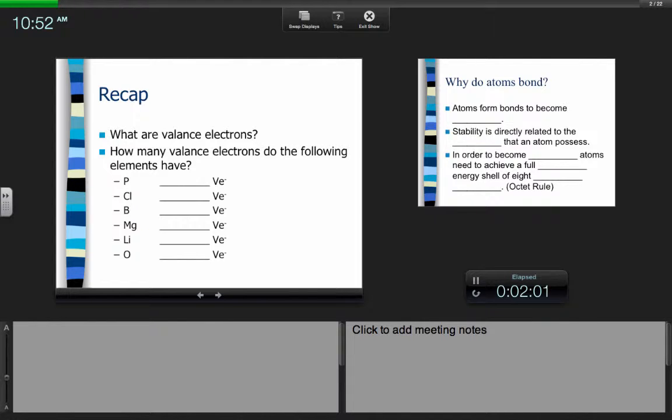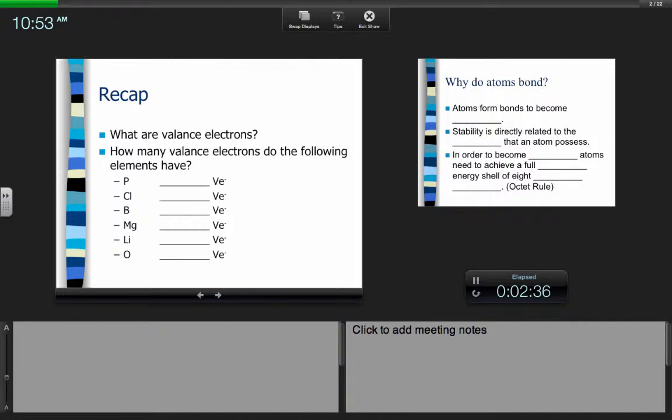There's also no coincidence that the 13th column has 3, the 14th column has 4, the 15th column has 5, the 16th column has 6 valence electrons, the 17th column has 7, the 18th column has 8 valence electrons. That is not a coincidence. Columns 1, 2, 13, 14, 15, 16, 17, 18 are called representative, meaning that the column number indicates the number of valence electrons that they have.